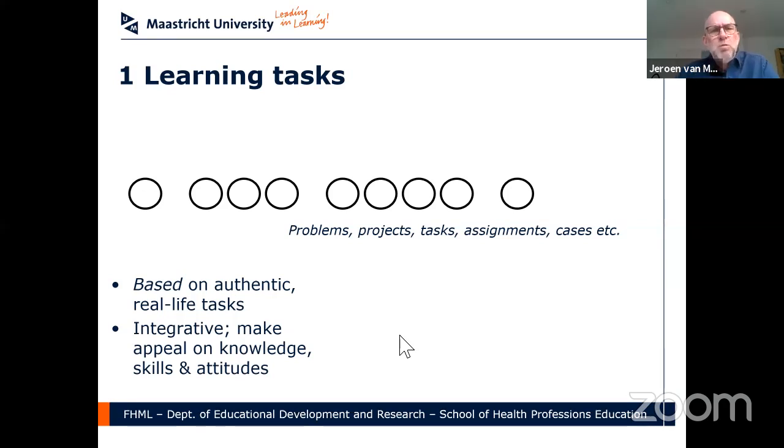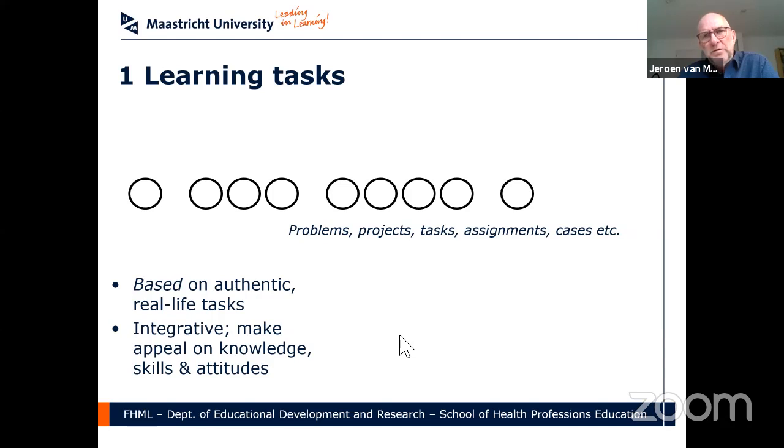There are two important requirements to learning tasks according to the 4C/ID model. First, ideally they are based on authentic real-life tasks. In the medical domain, often professional tasks, tasks that a nurse or a doctor or a physiotherapist or a dentist has to do in practice.